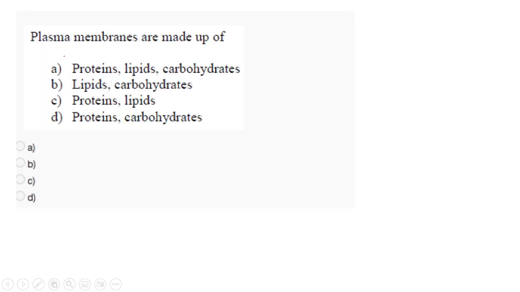Then: plasma membranes are made of protein and lipid, carbohydrate and protein, lipids and protein, or carbohydrates. Which option is correct here? Plasma membranes are made of protein, lipid, and carbohydrates. So option A is correct.